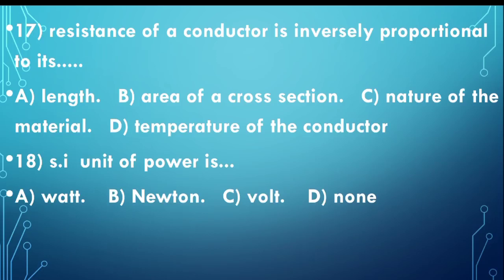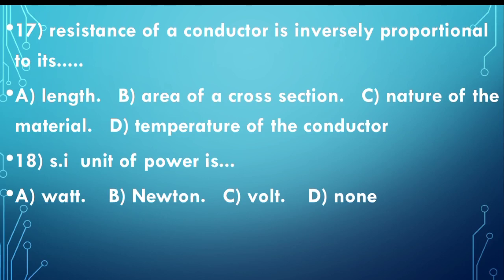So the next question will be, resistance of a conductor is inversely proportional to its: the length, or the area of cross section, or the nature of the material, or the temperature of the conductor. So the answer is, resistance of a conductor is always inversely proportional to its area of cross section. Okay, children.